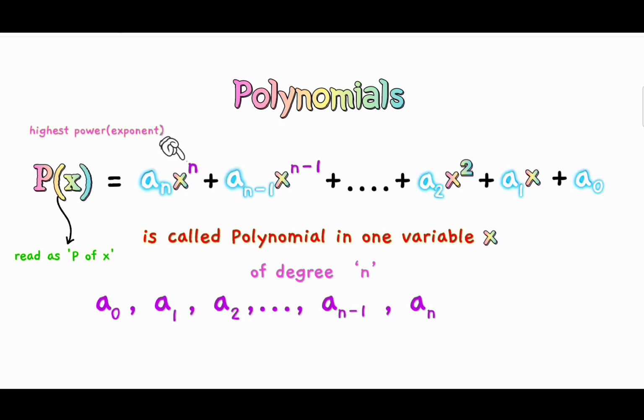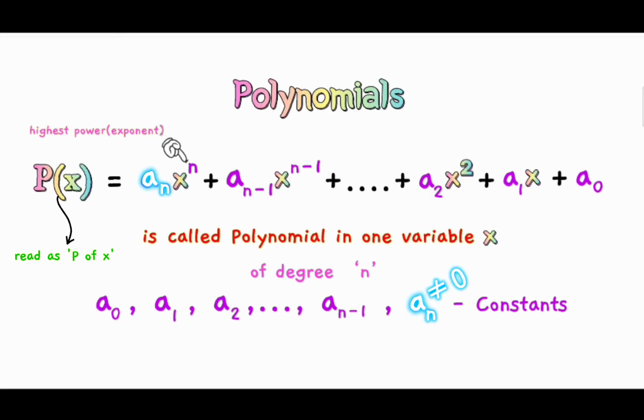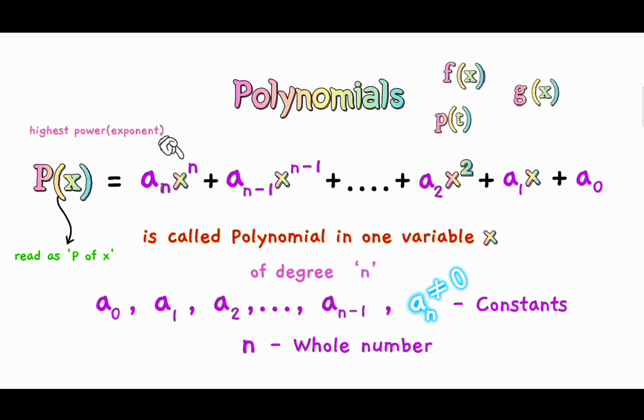And then a_0, a_1, a_2 up to a_n are constants. In that, a_n is not equal to 0 and n is a whole number. In general, polynomials are denoted by f of x, g of x, p of t, h of x, and so on.